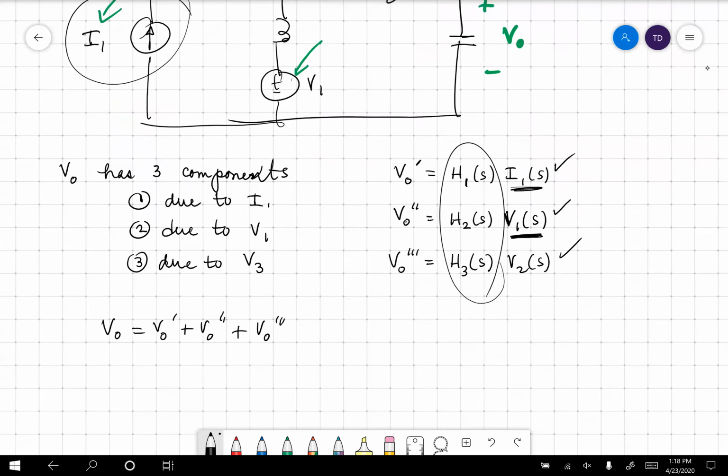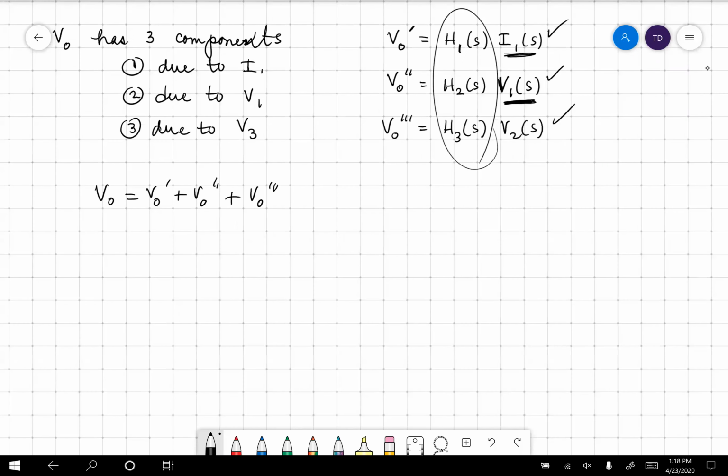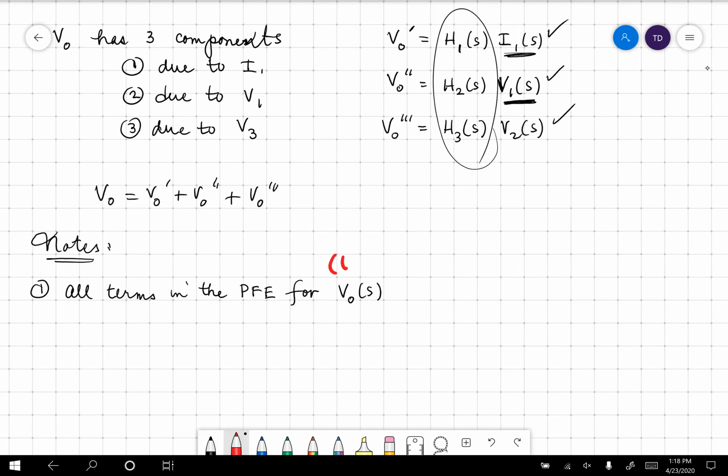All right, so let's then make some statements. So these notes about our transfer function. So first note, all of our terms in the partial fraction expansion for, in this case, the output. It doesn't have to be VO of S, whatever output it is.